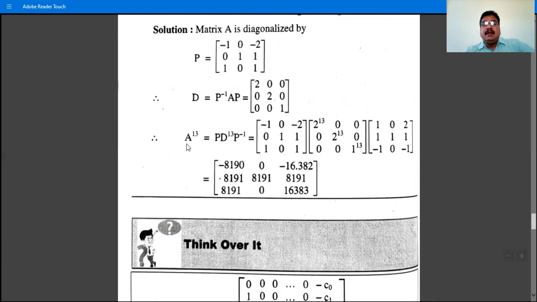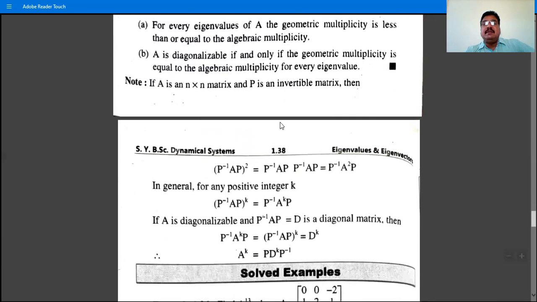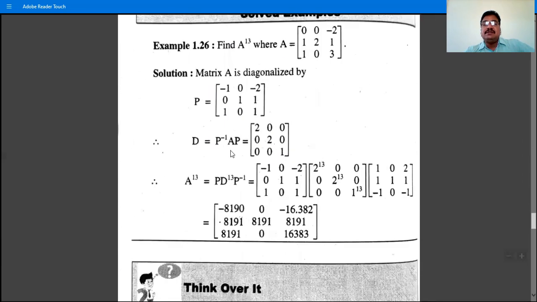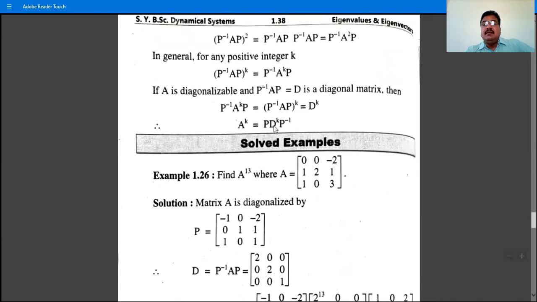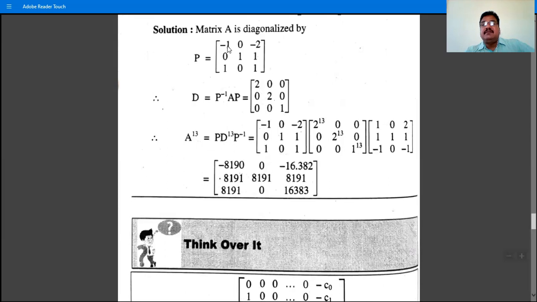And then A raised to 13 is P D raised to 13 P inverse, using this law: A raised to K is P D raised to K P inverse. So remember this equation, where D is the matrix P inverse AP. So A raised to 13 is P D raised to 13 P inverse, and P is this matrix.